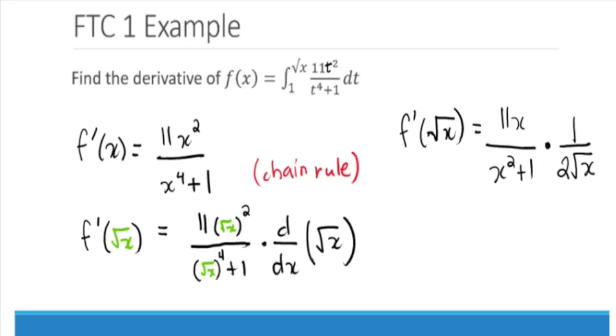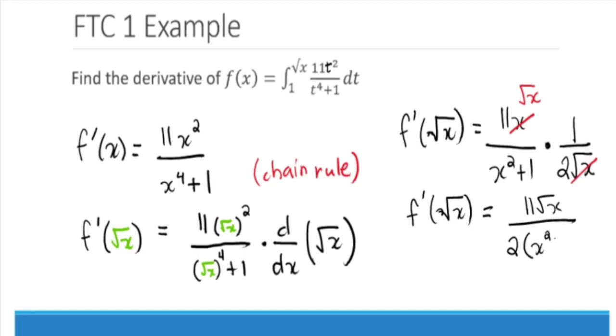Okay? Last is to simplify. Note na may x tayo dito, then may square root of x, so we can actually simplify this. This would be square root of x now. So the final answer would be 11 square root of x all over 2 times quantity x squared plus 1.